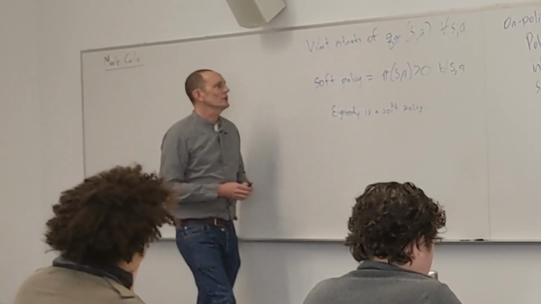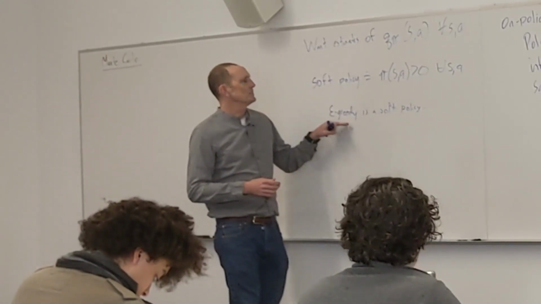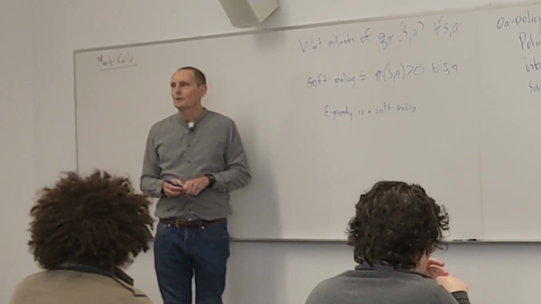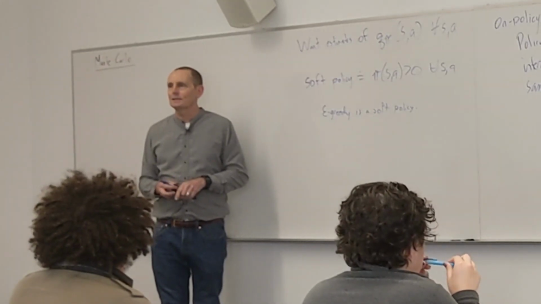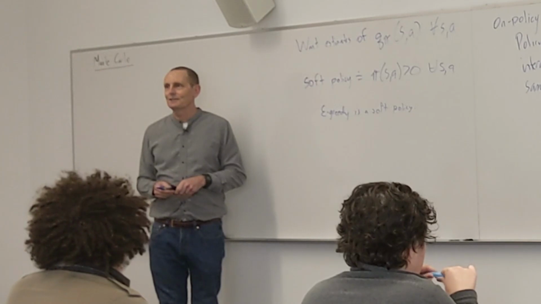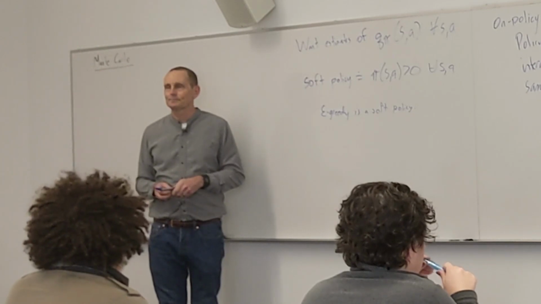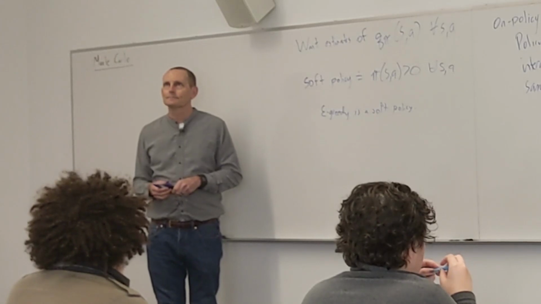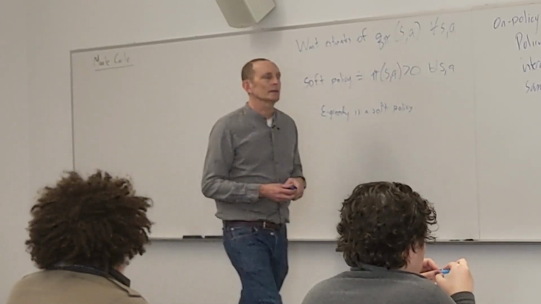I guess what we might want to show is that among the soft policies, epsilon greedy will give you the best result. Let's think about that a second.